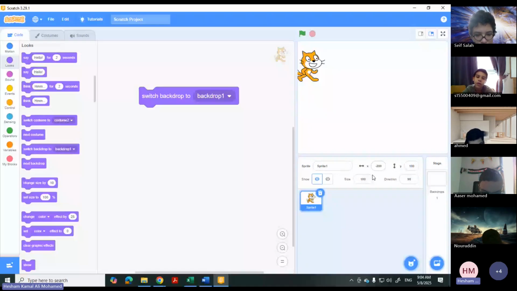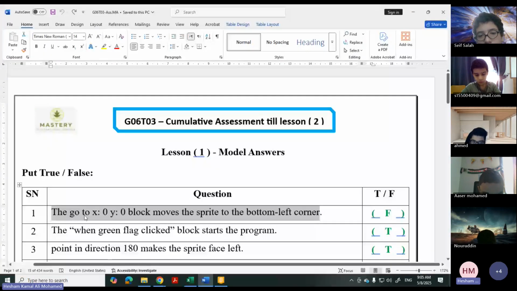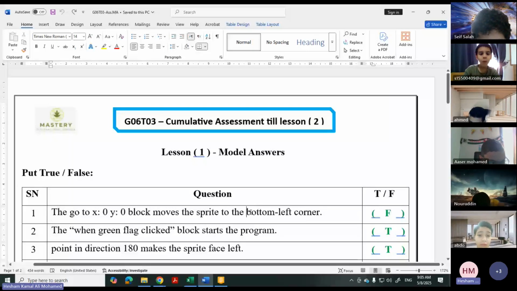It goes to the upper left. So if I want it to be right in the center, I will put x as 0 and y as 0 as well. And it will be right in the center of the stage. So what it says here, the go to x 0, y 0 block moves the sprite to the bottom left corner. Of course, the answer is false. It will be in the dead center of the stage itself. So the answer is false.